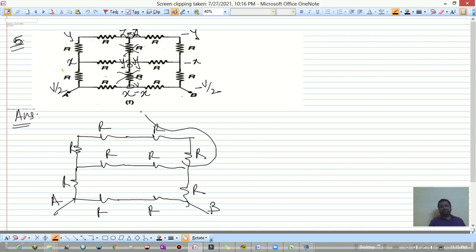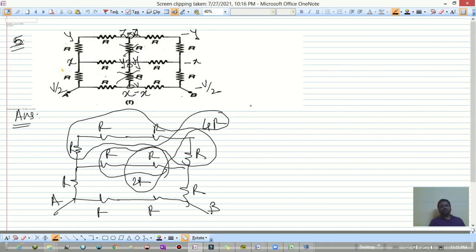These 4 resistances are in series, so 4R. These 2 resistances again are in series, this is 2R. This 4R and 2R are in parallel, so 4R into 2R divided by 6R, which is 4R by 3, in series with this 2R.